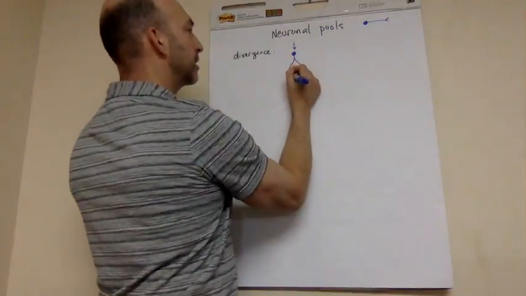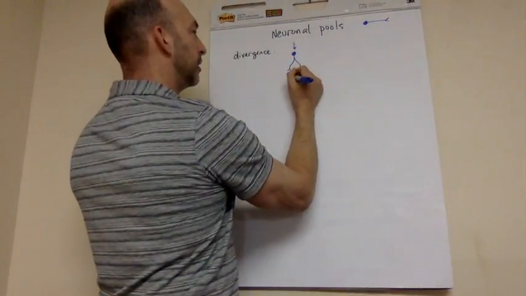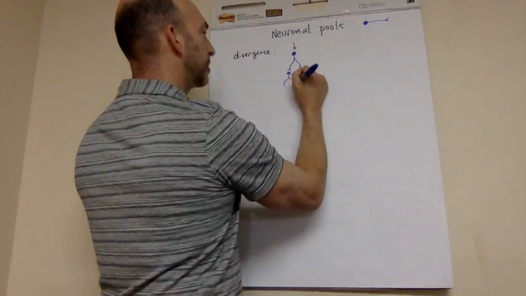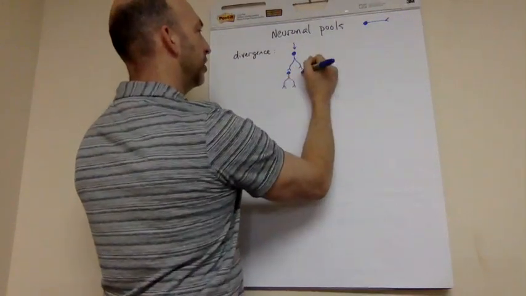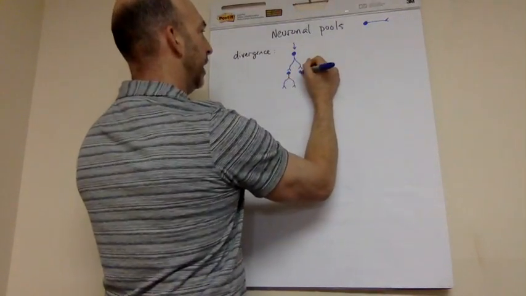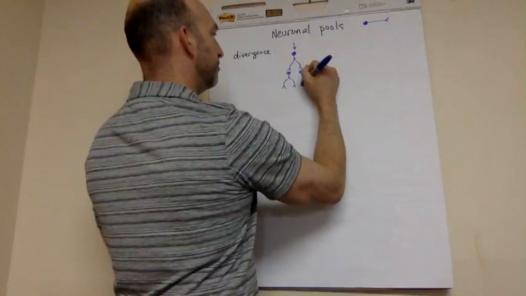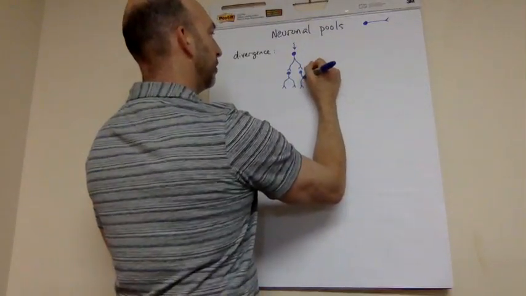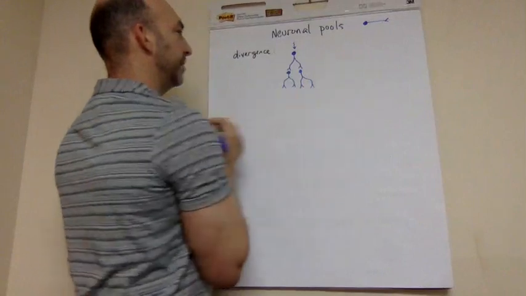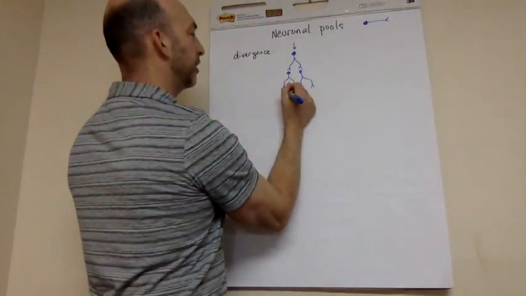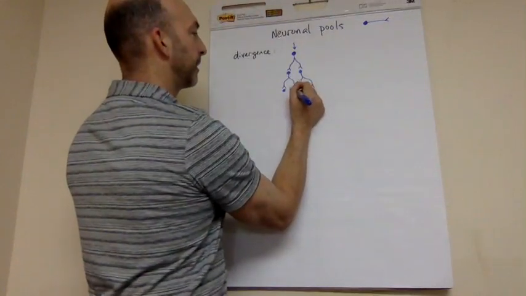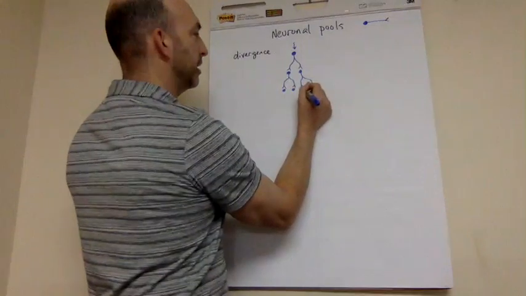And those target cells would split and send that information, right? And I'm showing the bare minimum of divergence here. And then you'd have target cells here, and possibly so on and so on and so on.